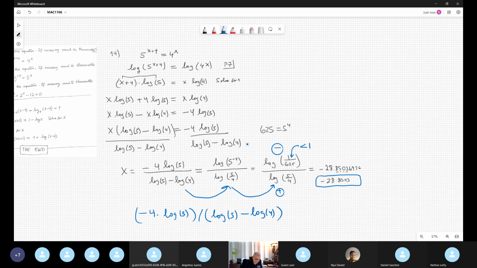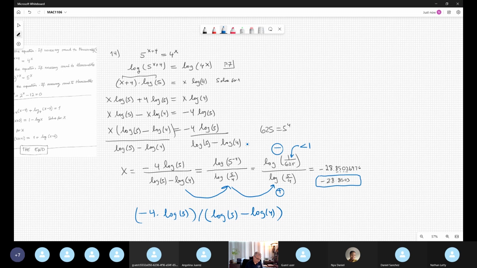Let me try to do it this way in my calculator. I open the parenthesis, put minus 4 times logarithm of 5, close the parenthesis, division, open parenthesis in the denominator, logarithm of 5 minus logarithm of 4, and close the parentheses.